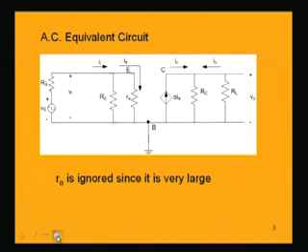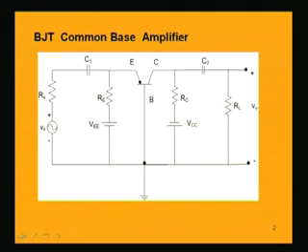After removal of the DC sources, we are left with this circuit, and the capacitors are also removed because they are short circuiting. The source is Vs along with the resistance Rs, and we have the resistances RE and RC.